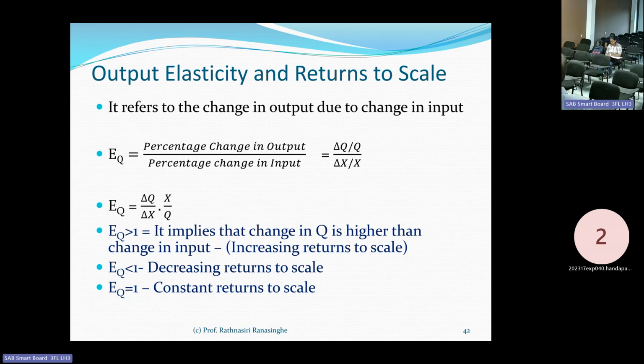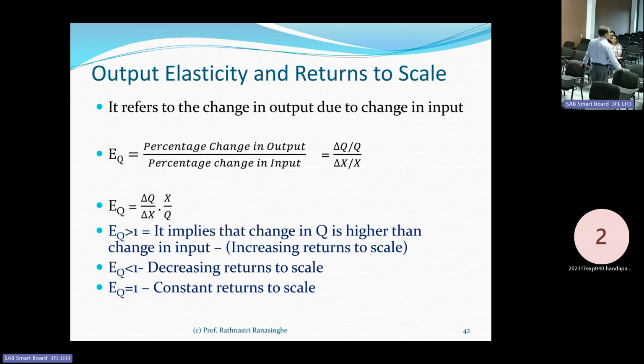Because now we know that in the long run we can take both labor and capital as variable, with respect to change in those variables, we take them as X variables, maybe either labor or capital, and output is going to change. Normally you know how we measure elasticity.